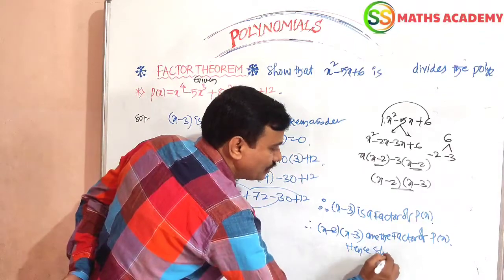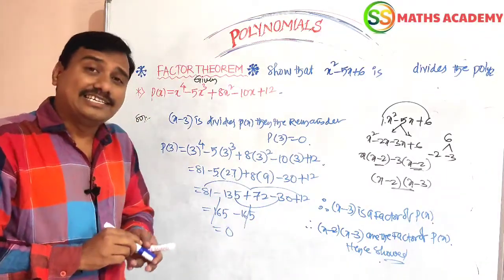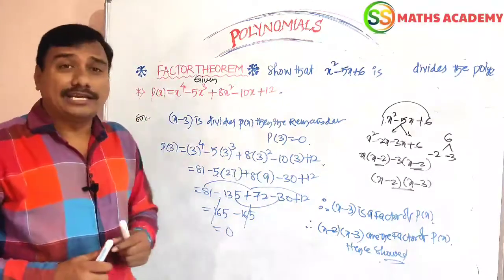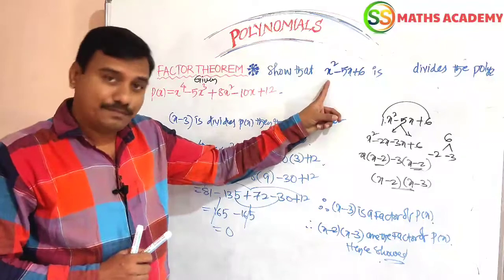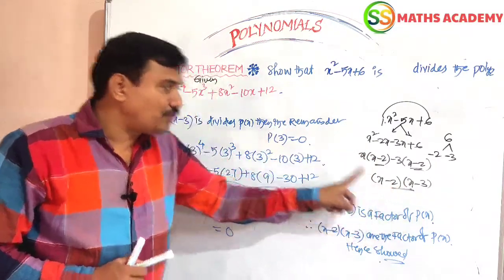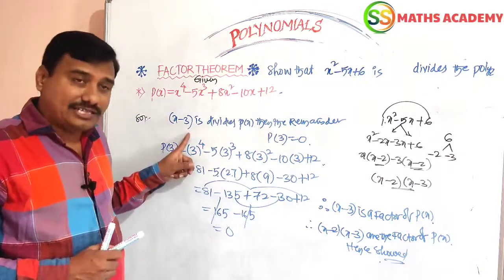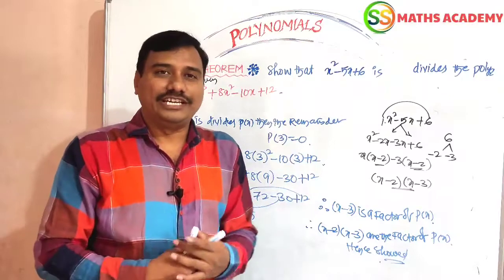Hence shown. I hope you understood this good question about the factor theorem using the concept of quadratic polynomials. Split the polynomial into two factors. These two factors are the divisors of this polynomial. By using this concept, we proved it.